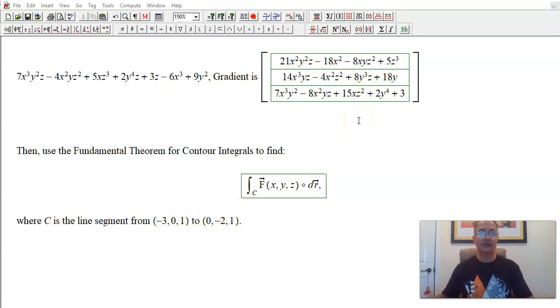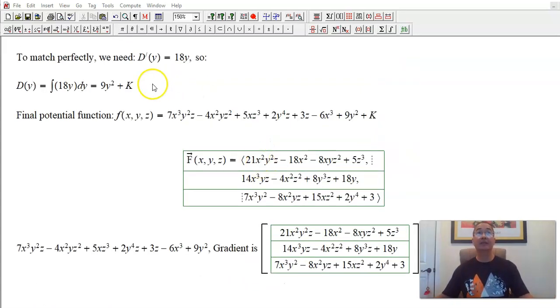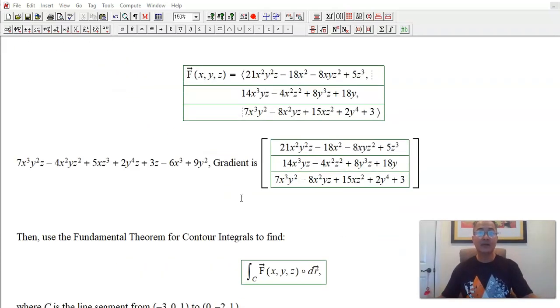There's so much algebra and arithmetic involved with that, and that's not really calculus, right? There's not much thinking involved there. There was quite a bit of thinking involved looking for this potential function, don't you think?